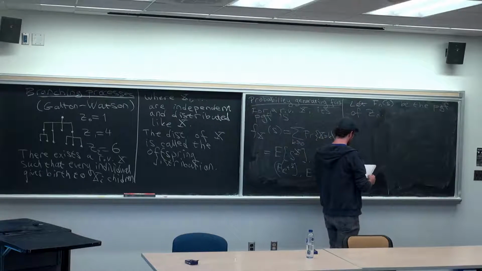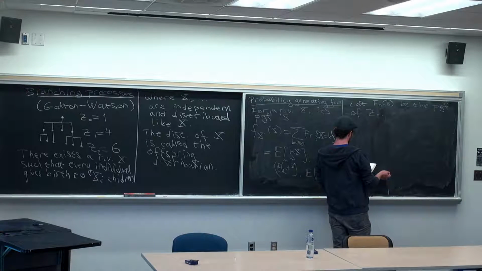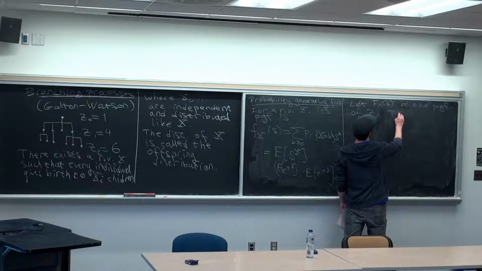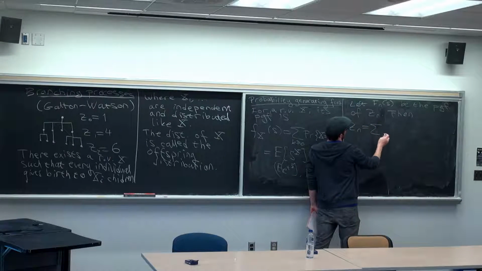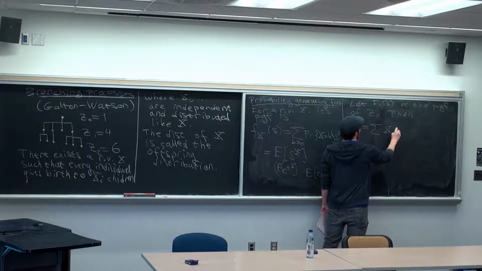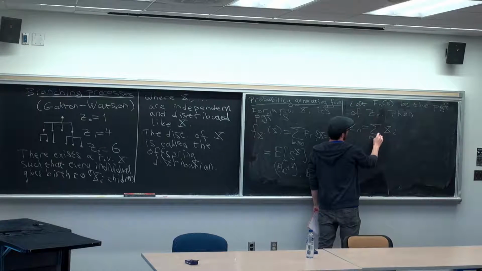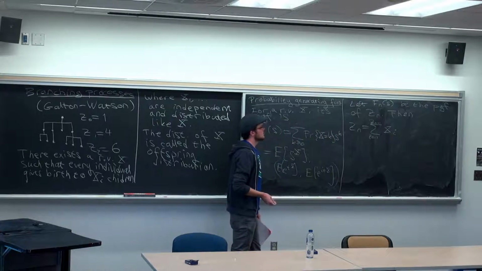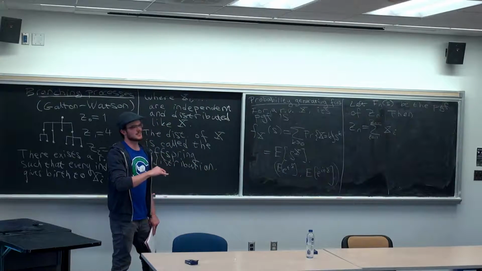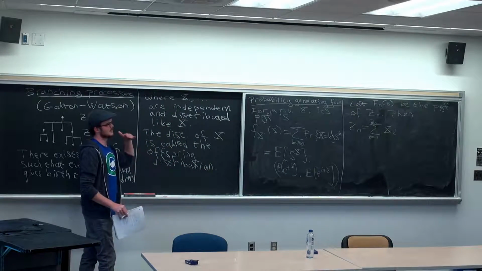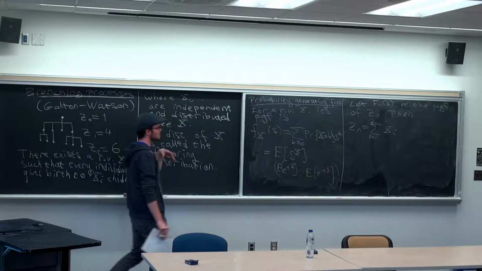So we're focusing on this Zn. So we know that this is going to be the sum of a bunch of xi's where i goes from 1 to Z_{n-1}. All I'm saying with this identity is that the number of individuals in the nth generation is all the children of the (n-1)th generation.